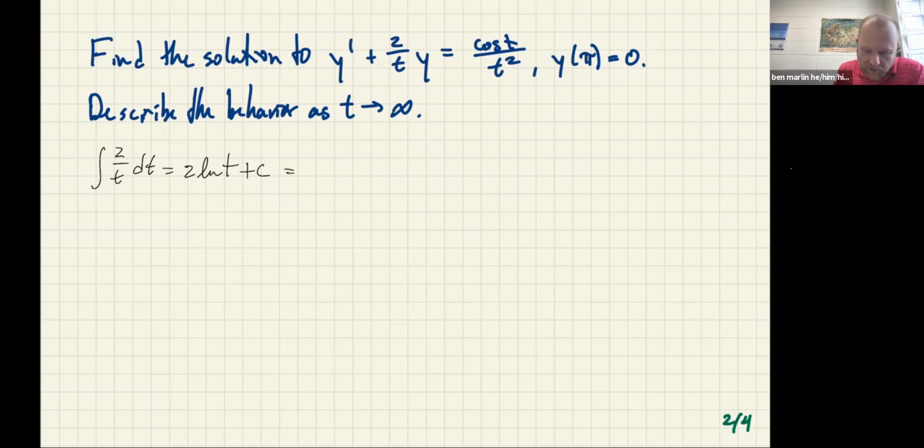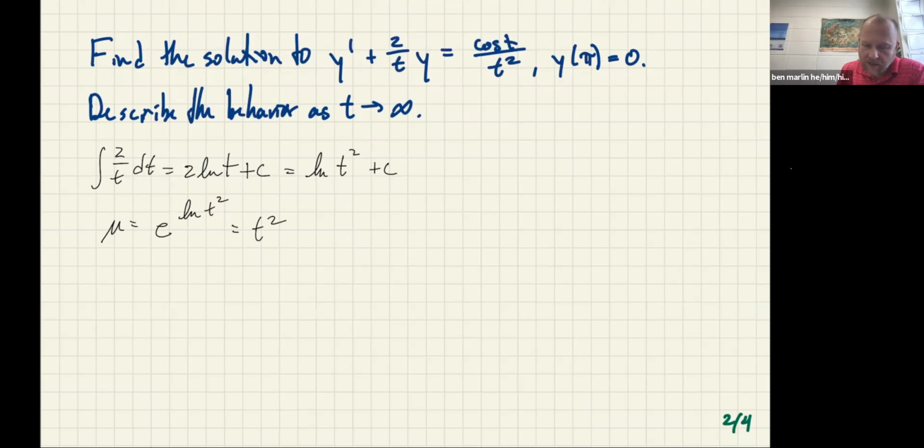What is really important is that if you pull that inside, now you have a t squared, so that our mu being e to the log t squared, and don't worry about the c, is going to be just t squared.